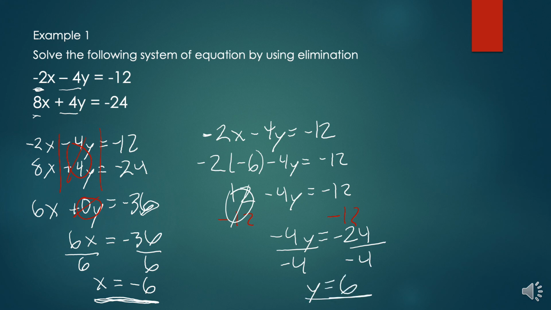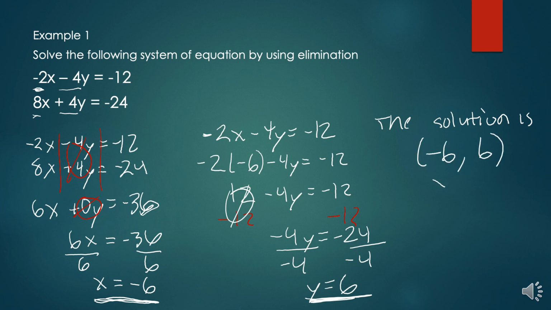So now that I solve for y, I know my y is equal to 6. And so my solution is written as a coordinate. The solution is negative 6, 6, because this was my x and this is my y.